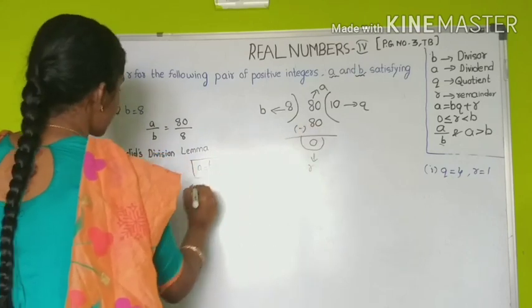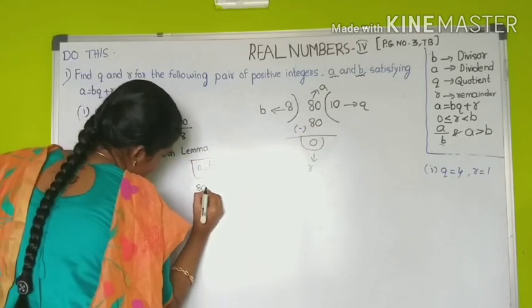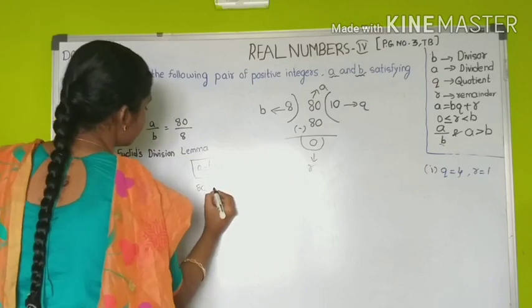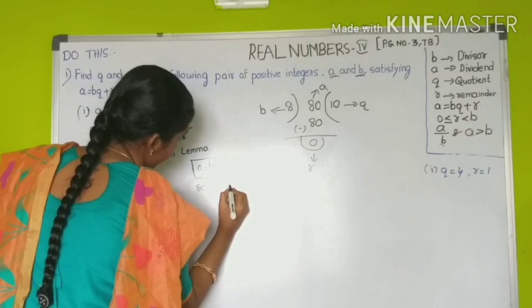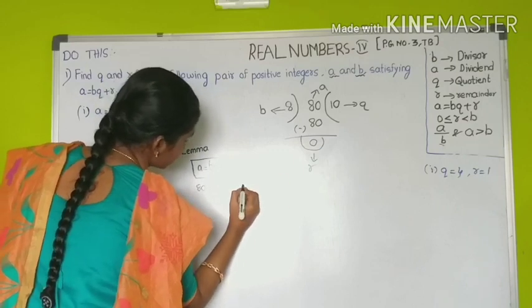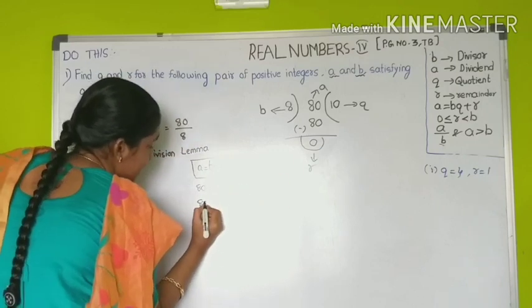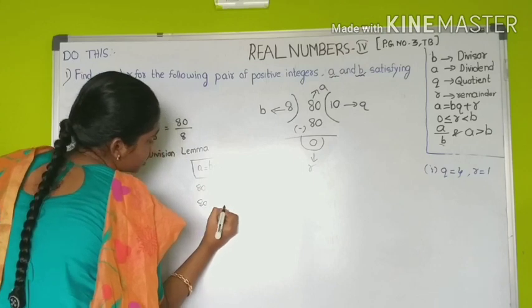And now we substitute these values, that is 80 is equal to B, the value of B is 8, into the value of Q, 10, plus remainder 0. And we all know that 8 tens are 80, and 80 plus 0 is always 80.